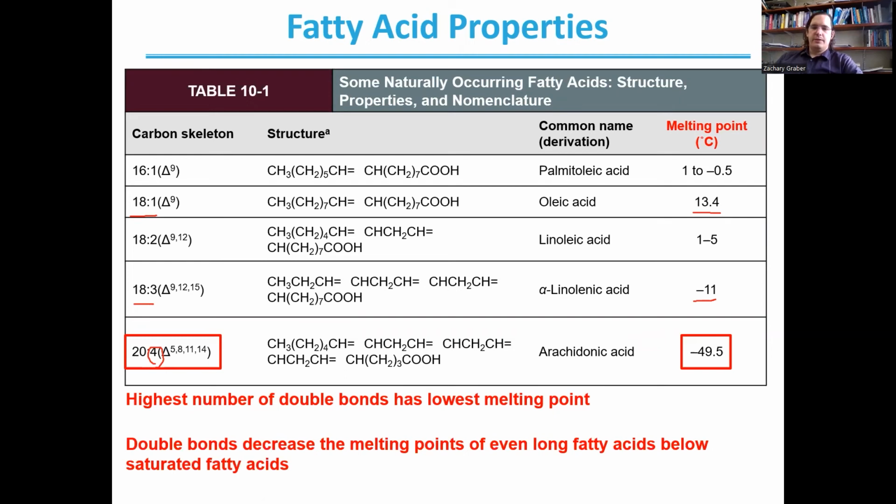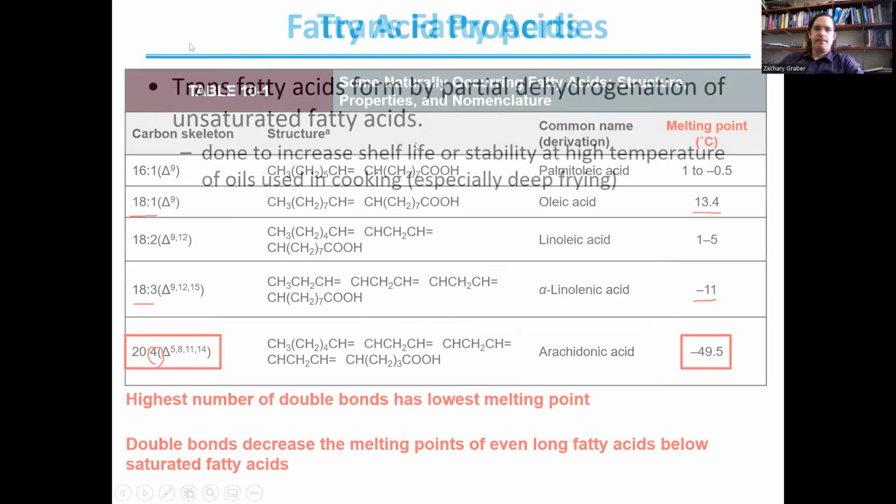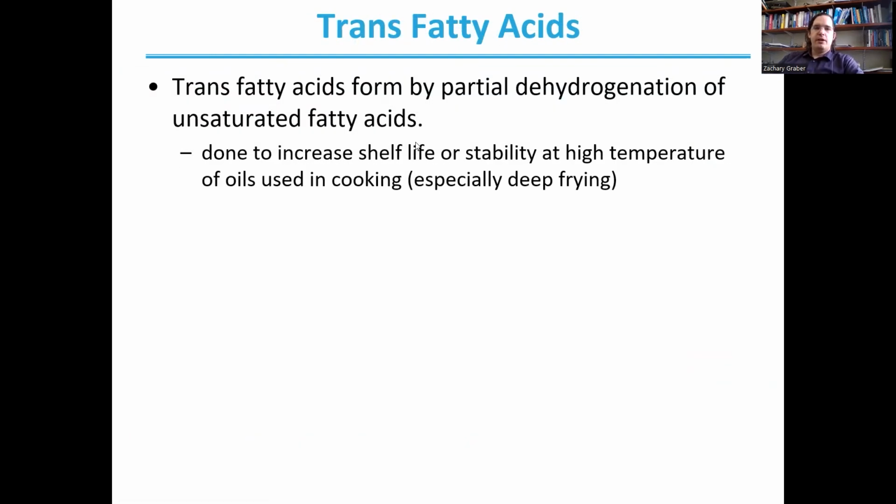So our double bonds will decrease the melting points, even if we have very long fatty acid chains, to below the melting points of our saturated fatty acids, or even just less unsaturated fatty acids. Now, when we've been referring to unsaturated fatty acids so far, we've only been referring to cis fatty acids.